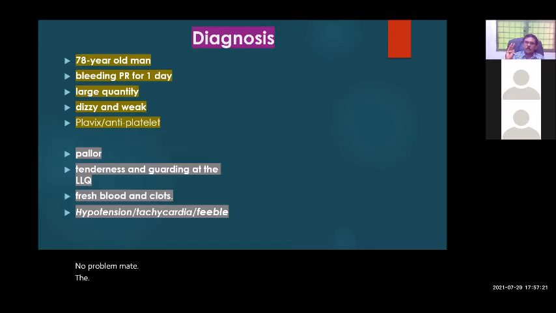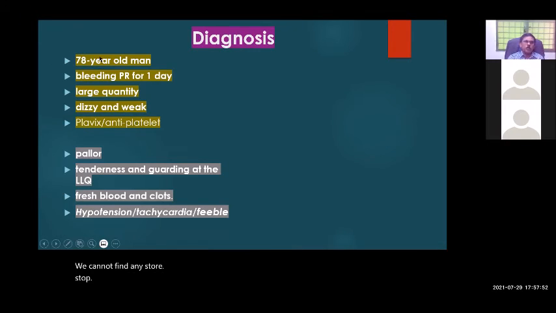Between the two, diverticular disease is more common. Then there is the sudden history of bleeding in large quantity until he felt dizzy and weak. The important thing is he's taking Plavix, an antiplatelet agent, which can make the bleeding worse. If we cannot find any cause for the bleeding, then you think of the antiplatelet as the cause.